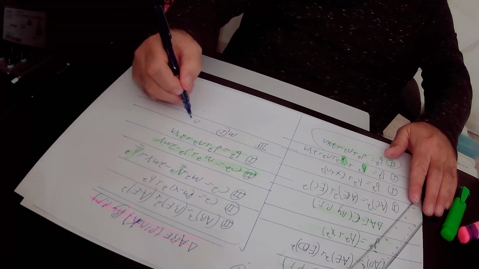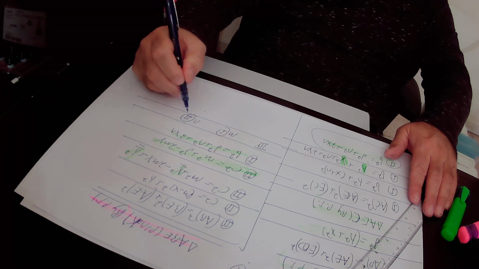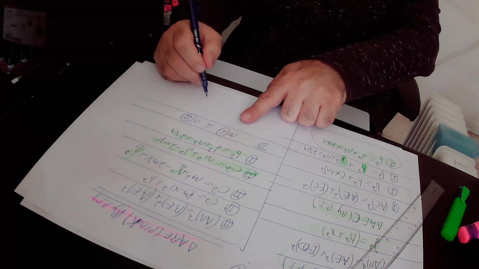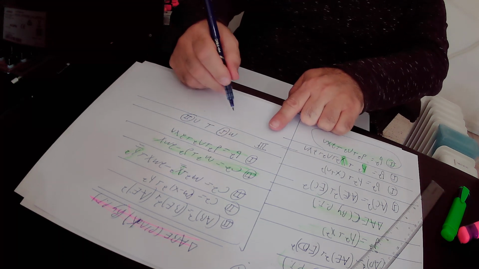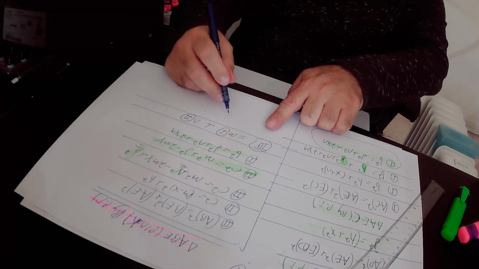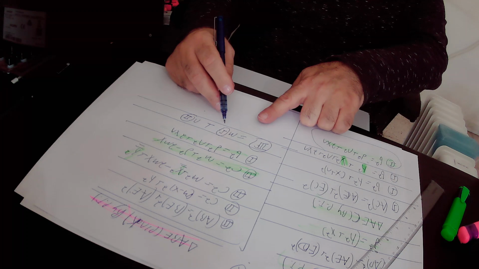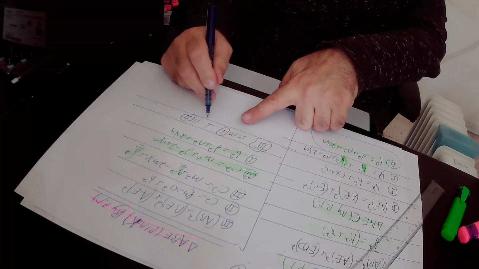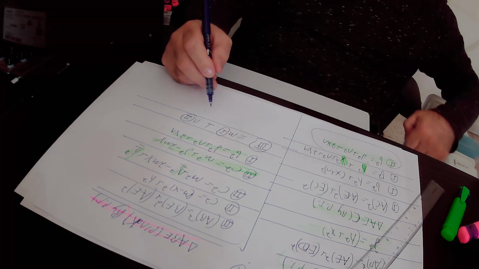So it is n times equation number 2. And then we will add the two equations together. And this will be equation number 3. Equation number 3 equals to m times equation number 1 plus n times equation number 2.